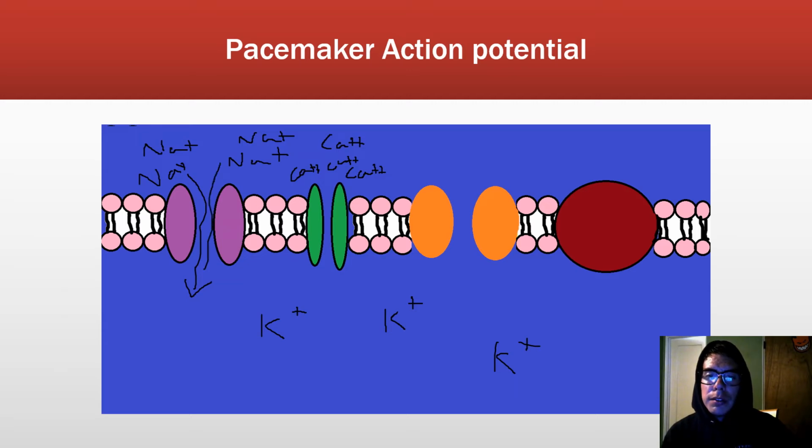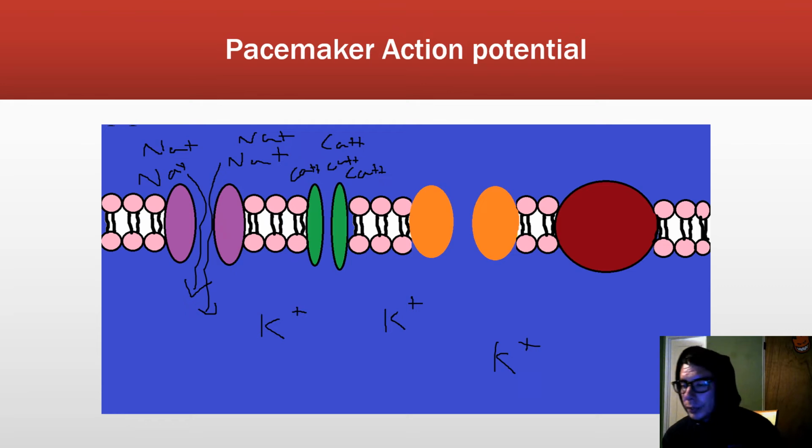Now, for an action potential, we don't want to just have any stimulation or anything happen and trigger an action potential, because then everything in our body would be overactive. So instead, our individual cells have a threshold. That's a level they need to reach in order to trigger an action potential in that whole process.